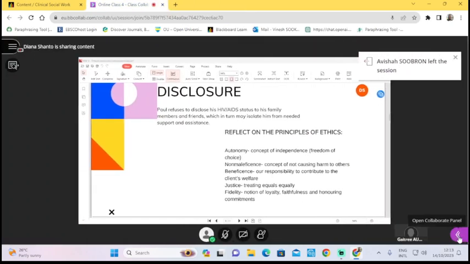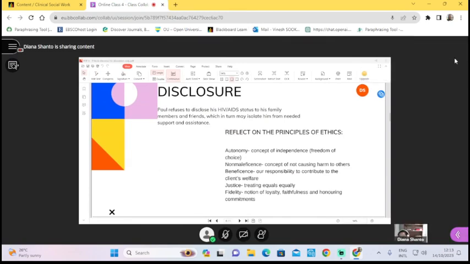Share file on OU Blackboard or? No, just on the application on Collaborate. Okay, let me click on it.